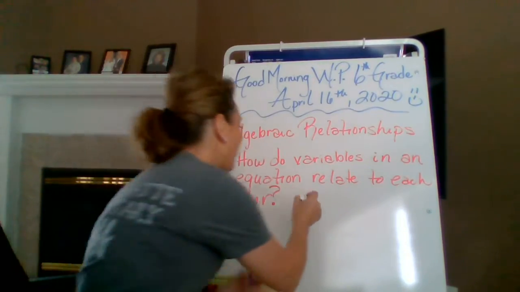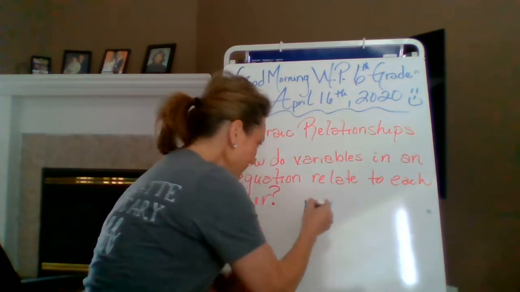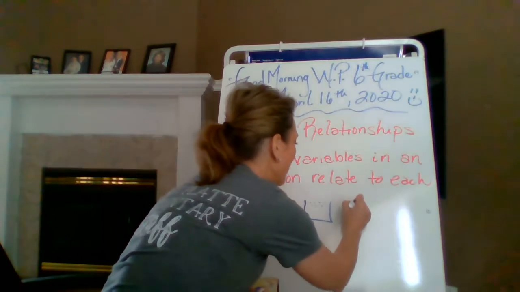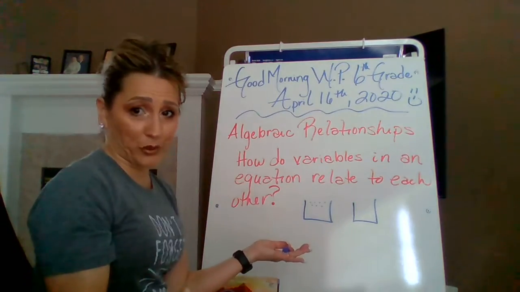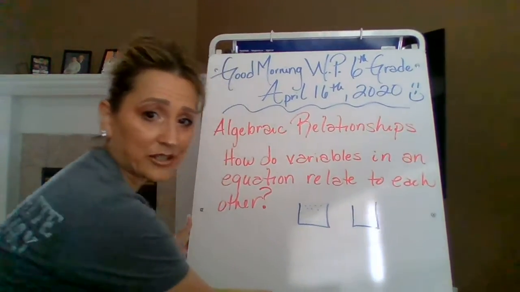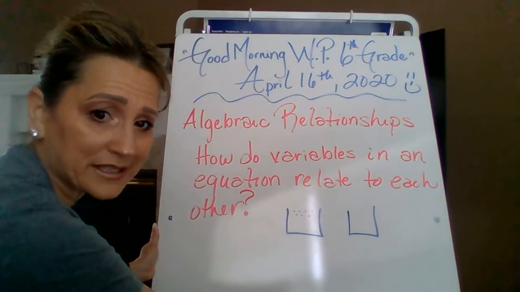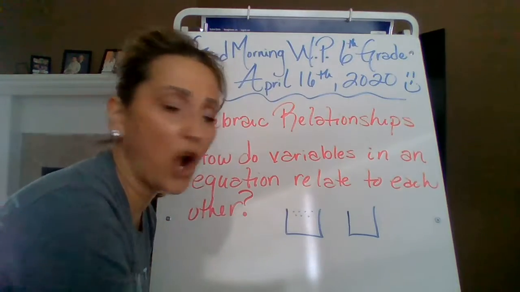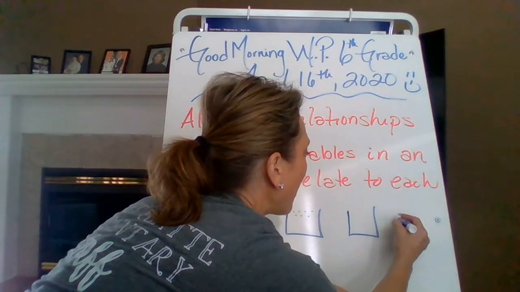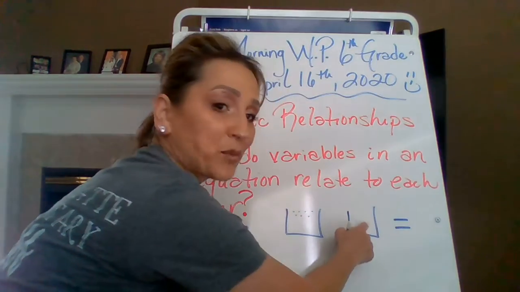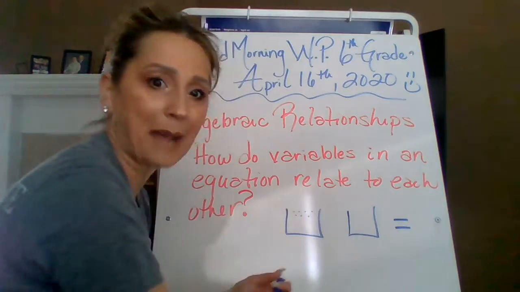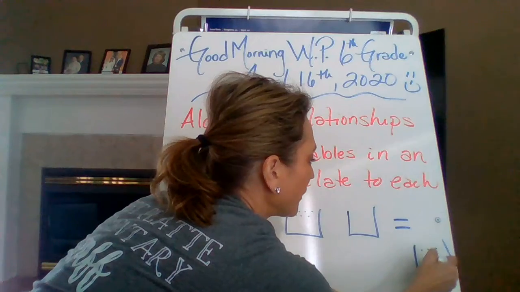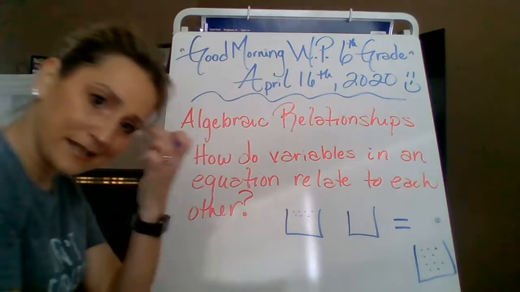I said that I have a bin and it has 7 apples in it. Here's another bin. It has no apples in it. Oh, you can't really see that, can you? Let me move it closer. I'm moving this a lot today. It has 7 apples in it. This bin has no apples in it, but when this bin gets full or has apples in it, they're going to equal what's in this bin, which is 10.